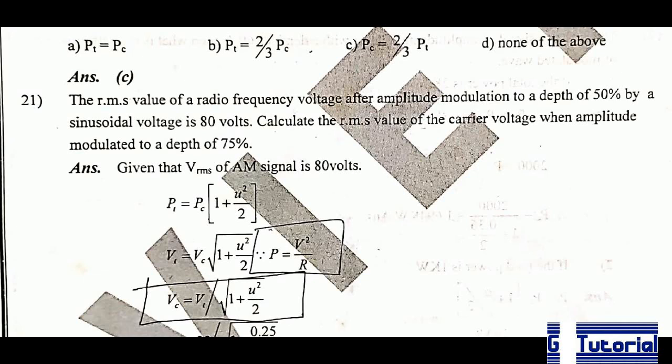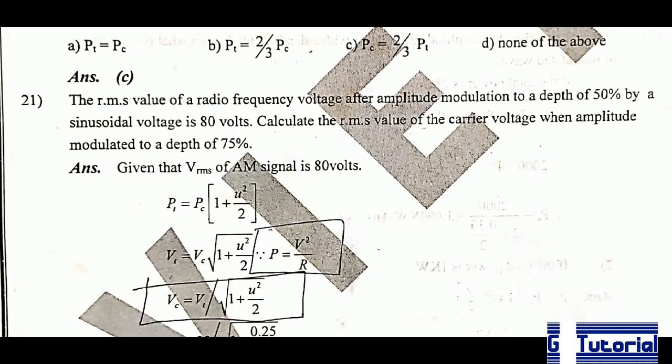So 50 by 100, which is 0.5, is the value of modulation index mu. We are also given the RMS value of the amplitude modulated signal, that is VT, which is 80 volt. And we are asked to find VC when modulation depth is 75%, that is when mu is equal to 75 by 100, that is 0.75.